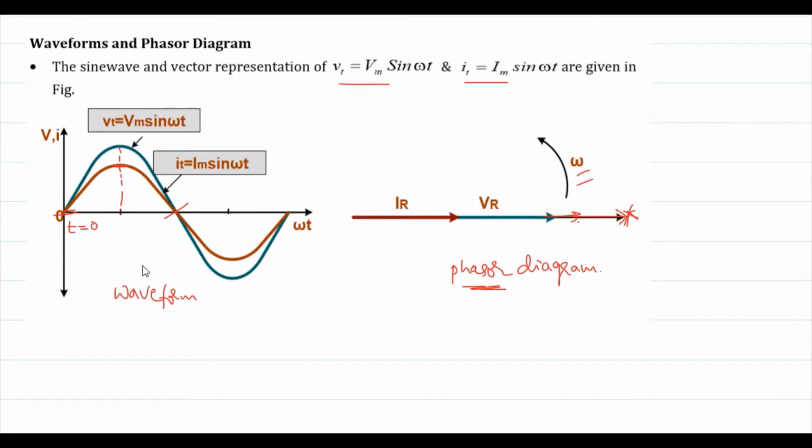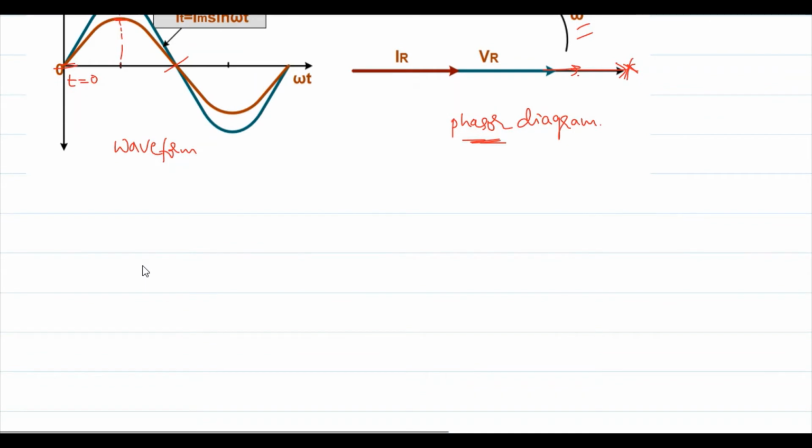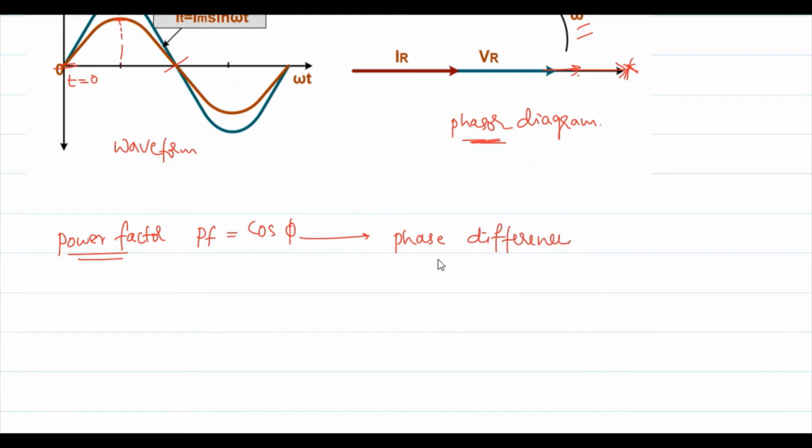Similarly, if you look at the power factor of this purely resistive circuit, the power factor is given by PF equal to cos phi, where this phi is called the phase difference. In this purely resistive circuit, the phase difference between voltage and current is phi equal to 0.